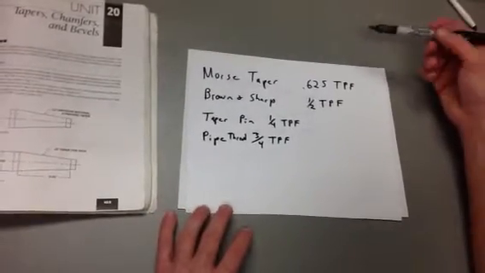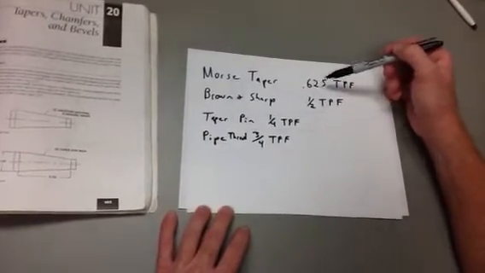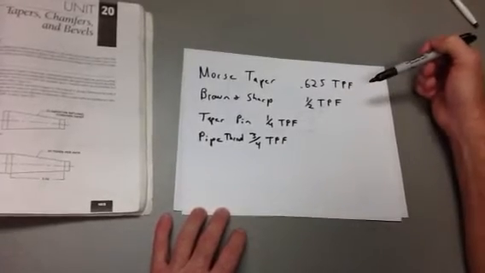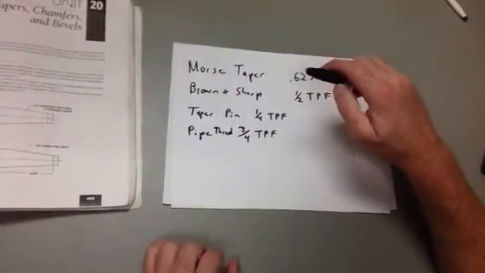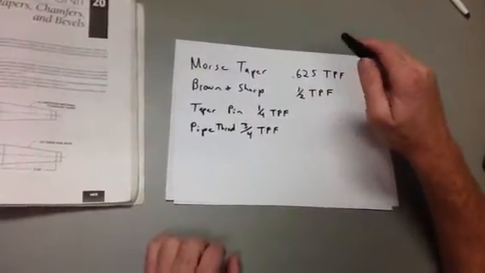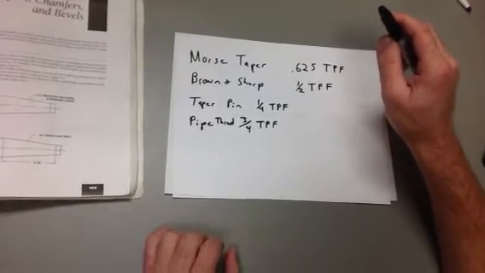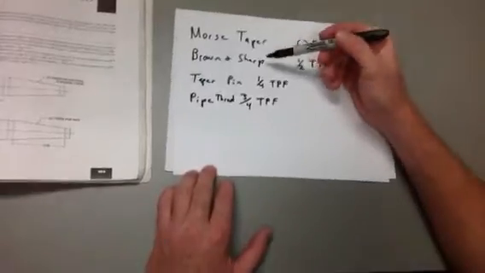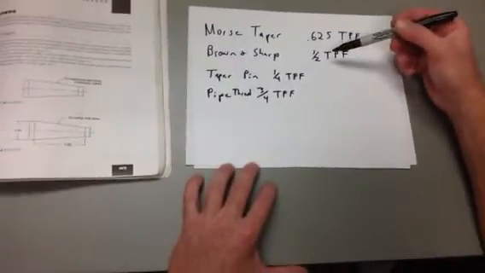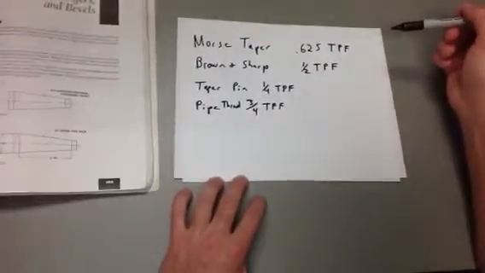They have a taper per foot of 5/8. When we say self-locking, that means when you engage that taper with something else, it stays locked until you knock it out with a drift key or whatever. It's such a slight taper, it locks together with itself. A Brown and Sharp is a 1/2 inch taper per foot.